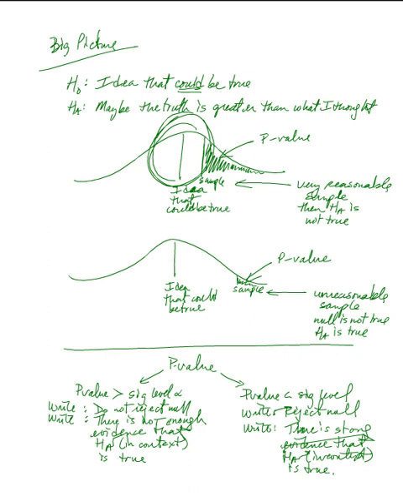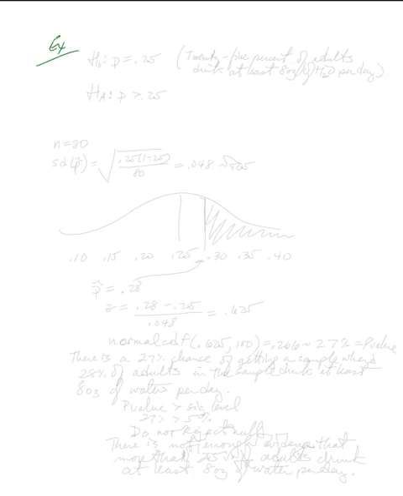Okay, so let's go to a more specific example then. Suppose I have a null and that's going to be p equals 25%. So let's say that represents 25% of adults drink at least 8 ounces of water per day.